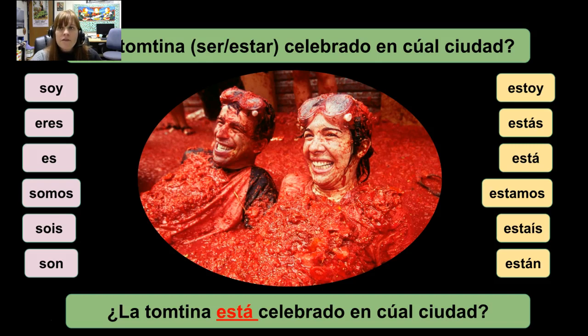About 100 years ago, 2 men got in a fight at the food market, and they started throwing tomatoes at each other, and then the whole town joined in, and it turned into this huge tomato fight, and they had such a great time that they've been celebrating this annually for plenty of decades. So there's usually about 2 feet of tomatoes, so if you do not like tomatoes, you're allergic, it's definitely not the place for you.